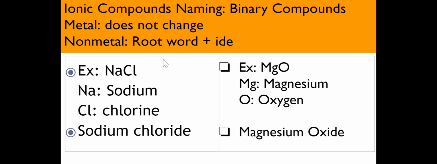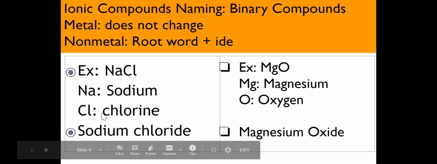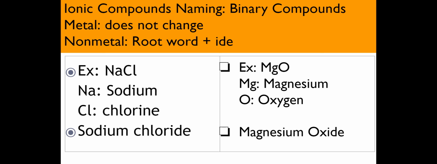We keep the first few letters, and then put -ide. For example, chlorine becomes chloride, so -ine becomes -ide. Oxygen becomes oxide, we keep the ox. And you may hear people say nitrogen becomes nitride, and fluorine becomes fluoride.